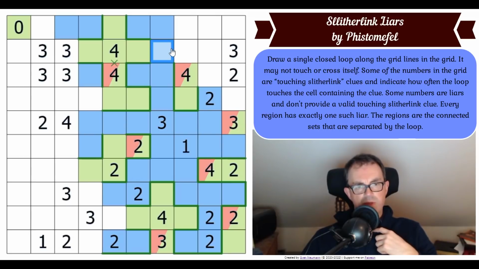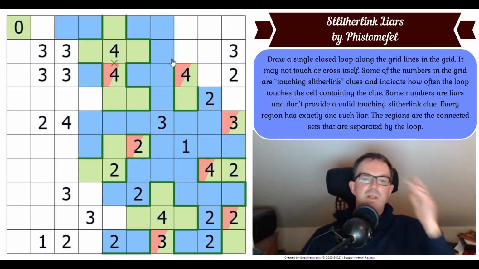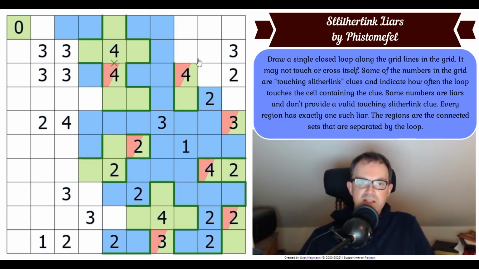So that becomes blue, which gives us another line segment here. And that's quite cool in a way. Now this top right of the grid is like its own tiny little puzzle. And we've got a left-hand side of the grid to do.